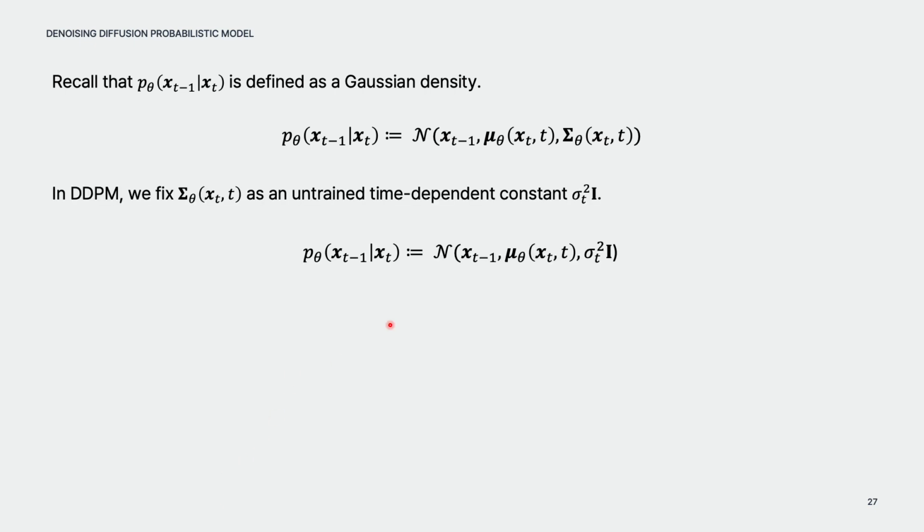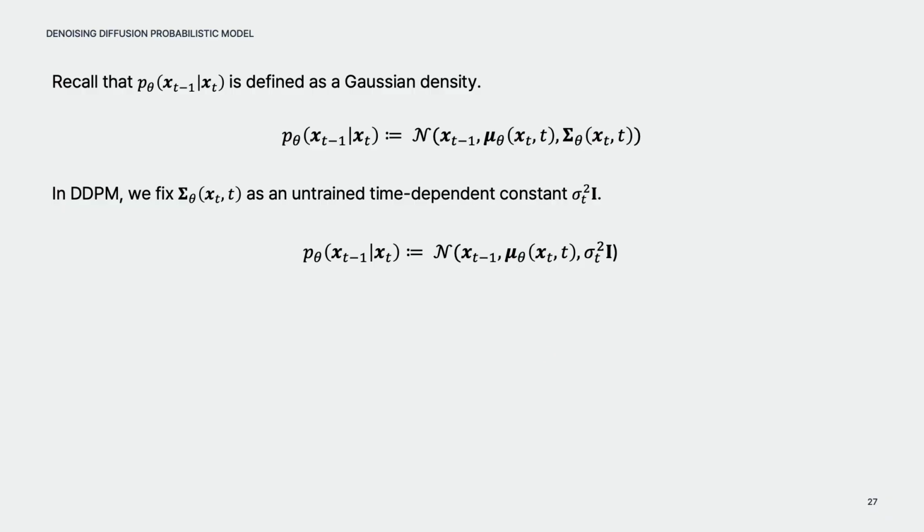And here we add a little assumption. We fix the variance as an untrained time-dependent constant, sigma squared t times identity. So the variance of P theta is fixed as some sigma t and is not trained. This sigma t is largely a design choice, which we will see more in a later section.